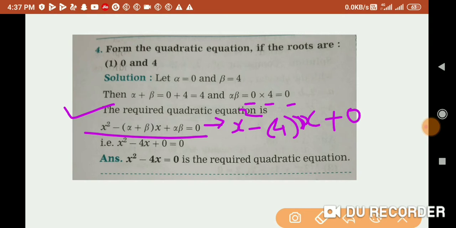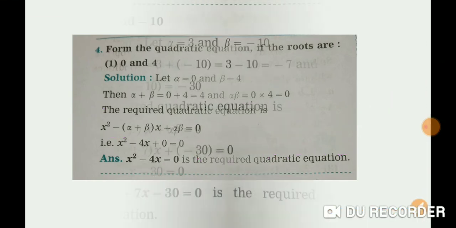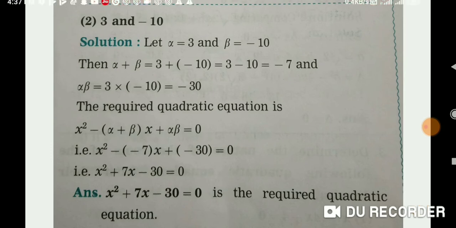Therefore we can write 0 = 0. This 0 is not necessary, therefore we write only x² − 4x = 0. This is the required quadratic equation. Understand?